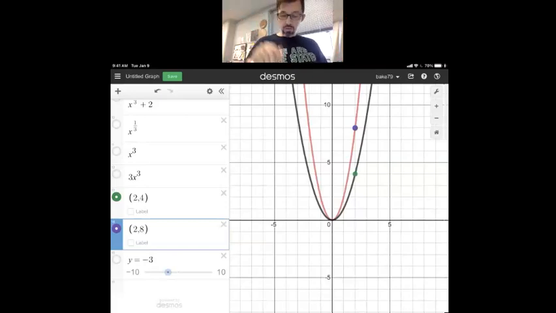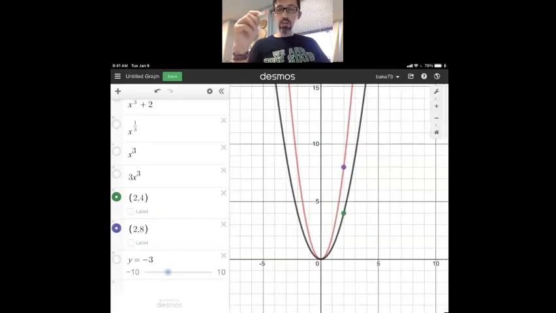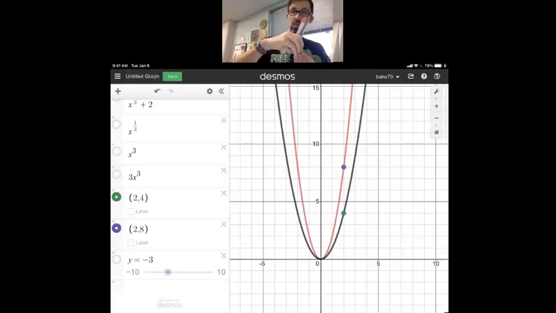So why is it called a vertical stretch? So what's happening here is that notice that the distance from the x-axis to the green point is 4 units. The distance from the x-axis to the purple point is 8 units. Okay? So the distance is 2 times larger for the purple point than it is for the green point. That's what we're saying, that the y values are being stretched away from the x-axis.